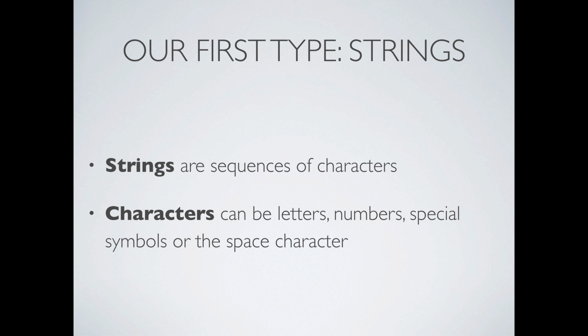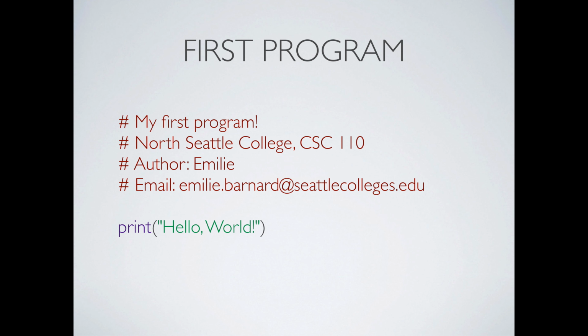Strings are basically sequences of characters. So characters can be letters, numbers, special symbols. The space character is also a character. Basically, whatever you would type in as a word, for the most part, those are going to be strings, which are made up of characters. So again, looking back at our Hello World example, that is a string right there, because it's a sequence of characters.